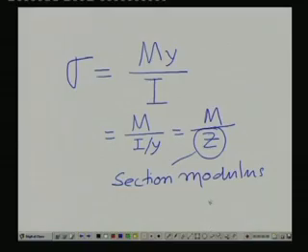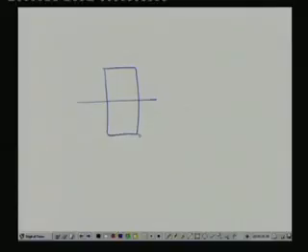You can see the stress level at any point can be reduced if we go on increasing the section modulus. How can we increase the section modulus? You can see it is I by y. Obviously, section modulus can be increased in such a way, and an example can be given here. Suppose here is a body, a normal rectangle.